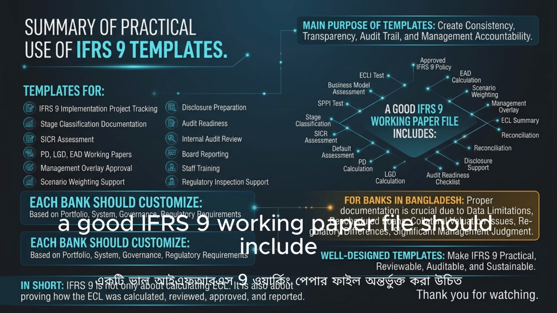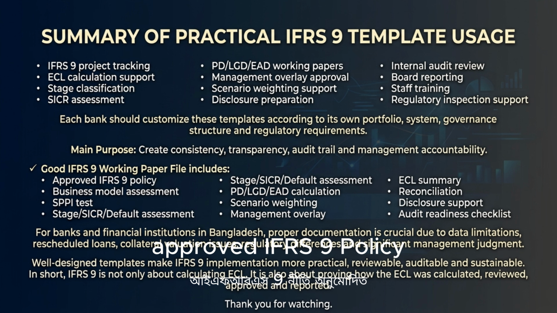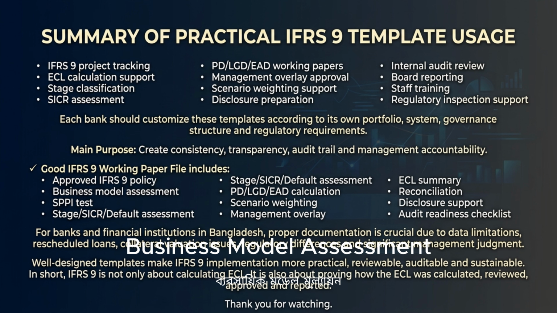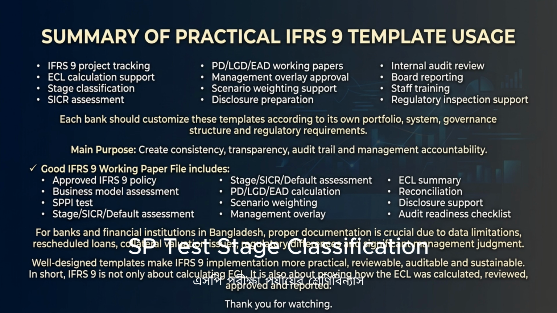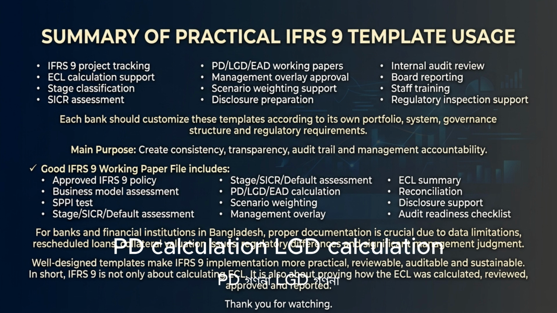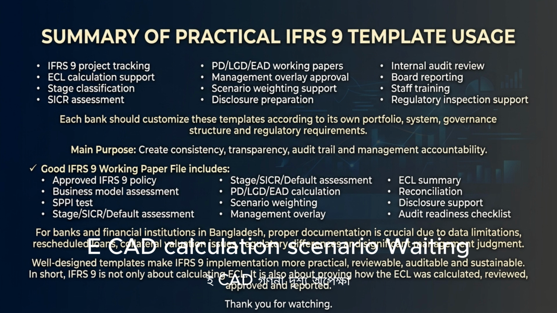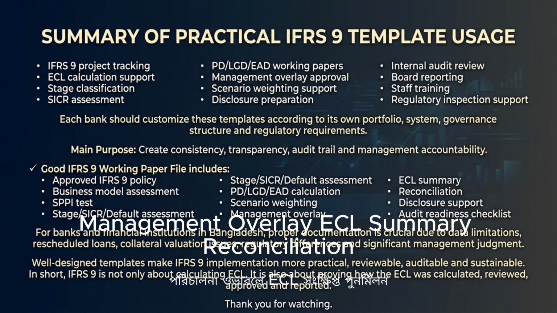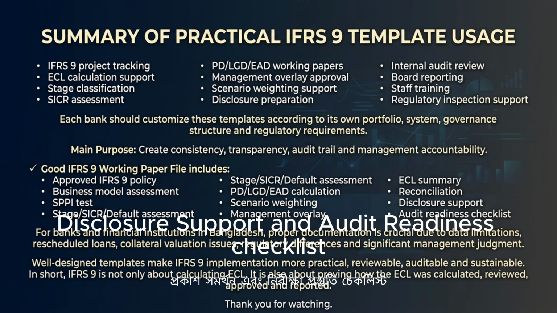A good IFRS 9 working paper file should include approved IFRS 9 policy, business model assessment, SPPI test, stage classification, SICR assessment, default assessment, PD calculation, LGD calculation, EAD calculation, scenario weighting, management overlay, ECL summary, reconciliation, disclosure support, and audit readiness checklist.